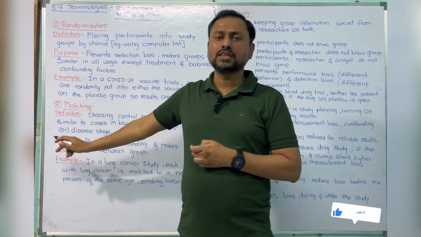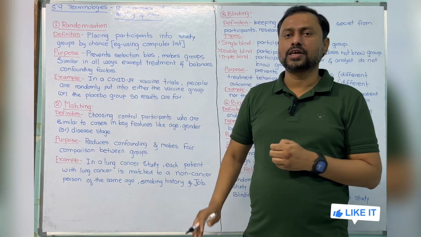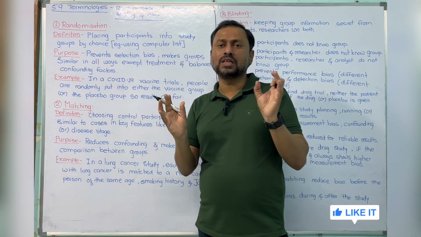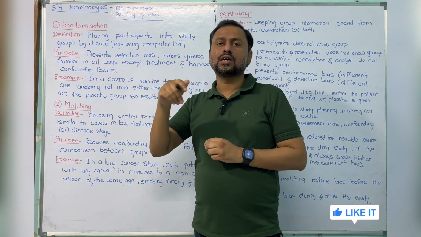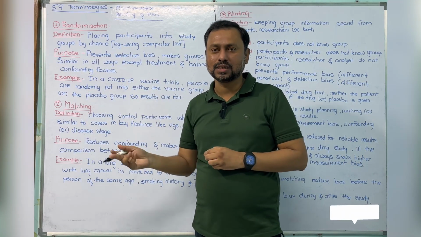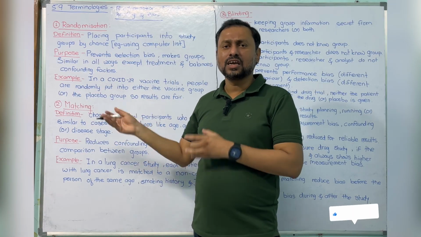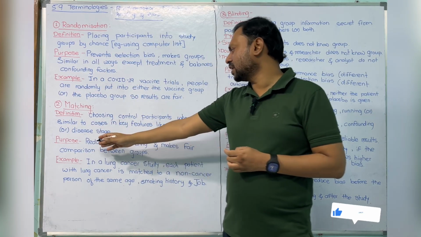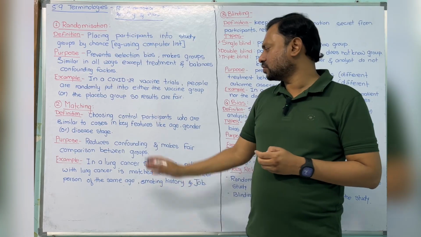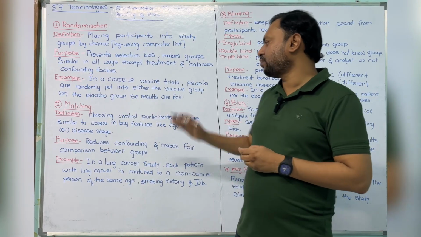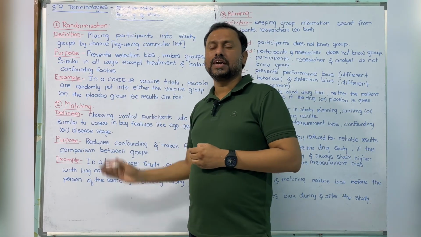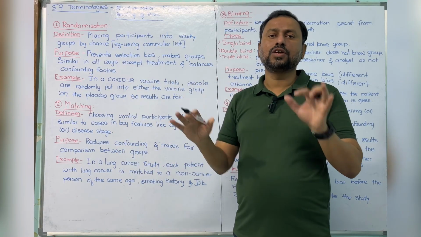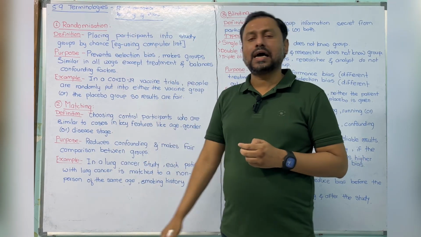What is the purpose? It is to reduce confounding. It means there should be no confusion that your research is one-sided or biased, or that you are doing it intentionally. You avoid all those things. Reducing confounding avoids confusing factors and makes a fair comparison between the groups. Your intention is to compare two groups, which is why we use the matching method.